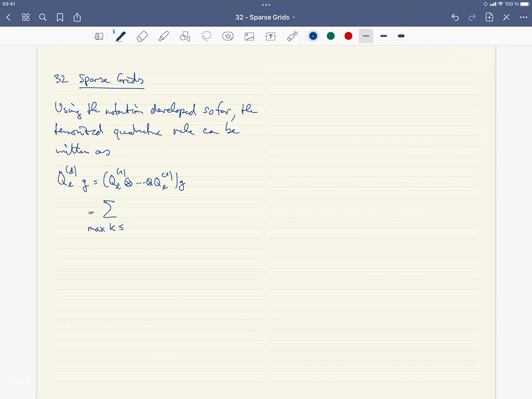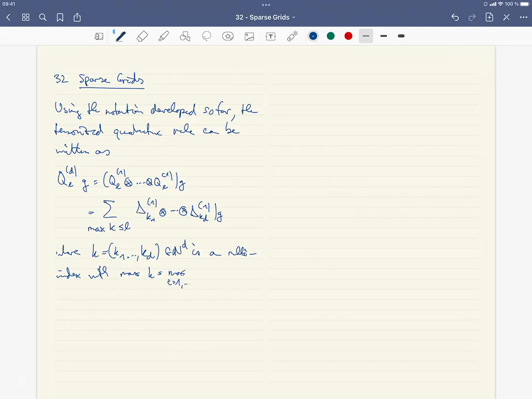The sum over max K less than or equal to L, and then I write it in terms of the deltas, Δ_K^D of G. Here K is a multi-index in N to the power D, with max K being the maximum over i running from 1 to D of the K_i.